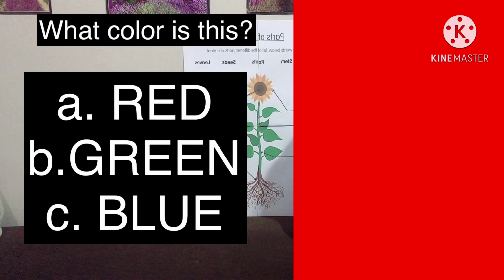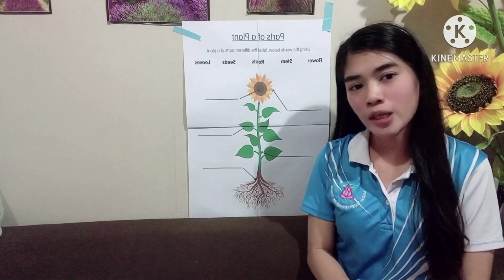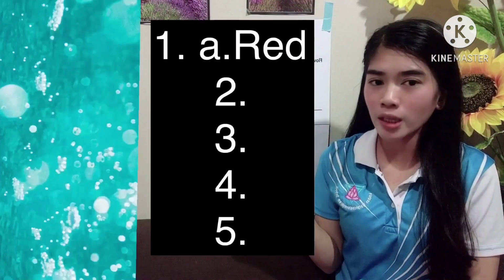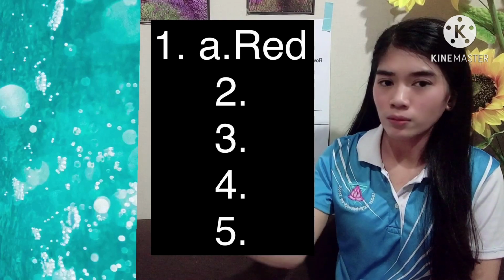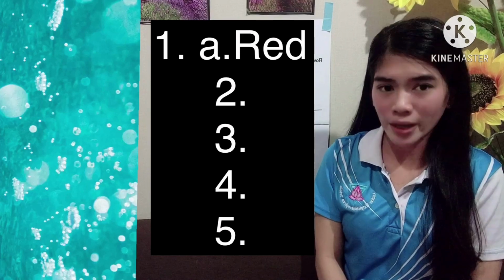Is it A, red, B, green, C, blue? If your answer is A, red, then what are you going to write in your notebook? Number 1, A, red.